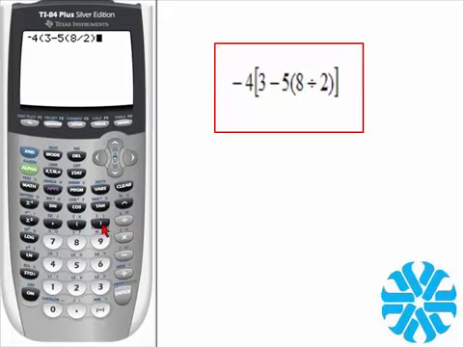We're going to close that quantity, the 8 divided by 2, and since we have a left-hand parenthesis here, we need to close it at the end. And there we have it. And we hit enter to get our answer.